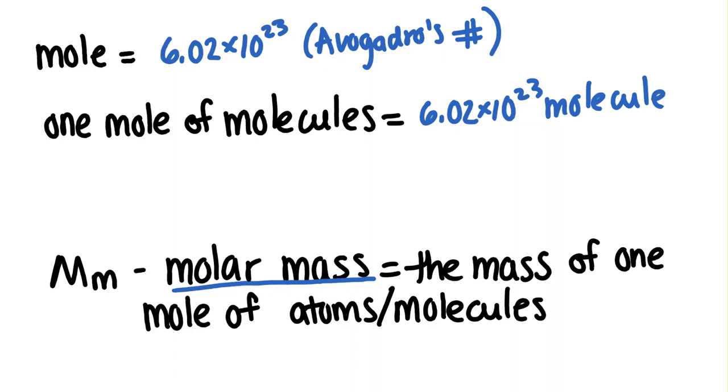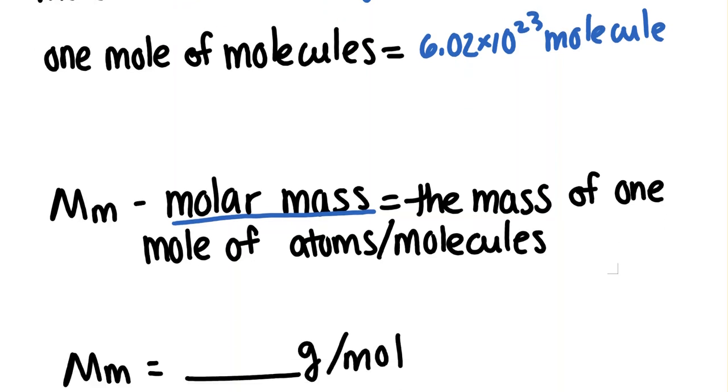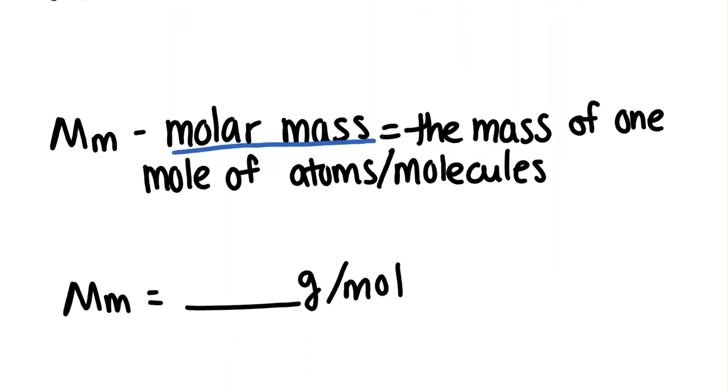So molar mass represents how big the molecules are. So the units for molar mass are grams per mole. And again, the number of grams depends on the size of the particles.